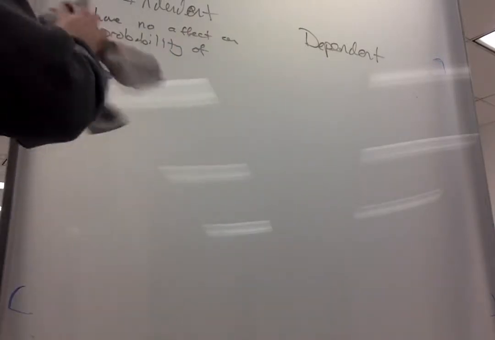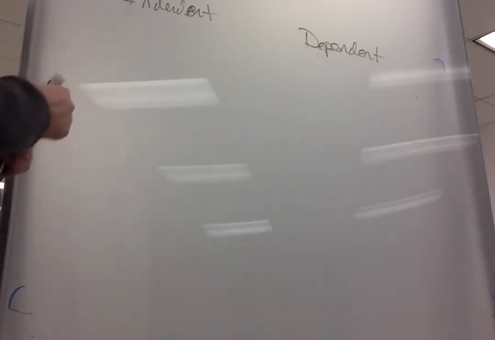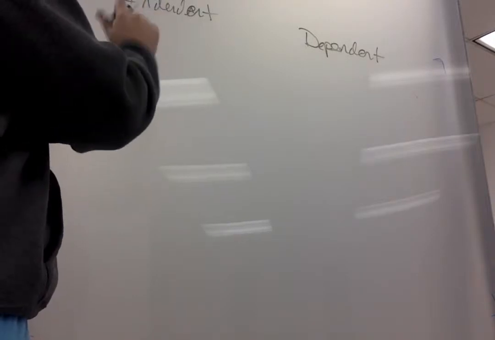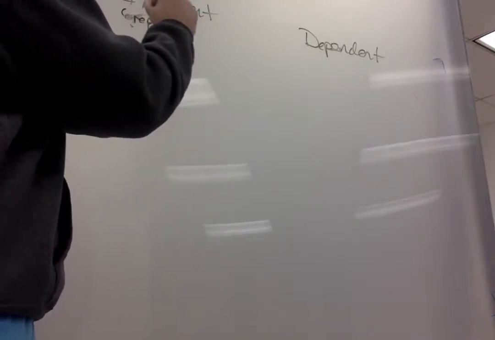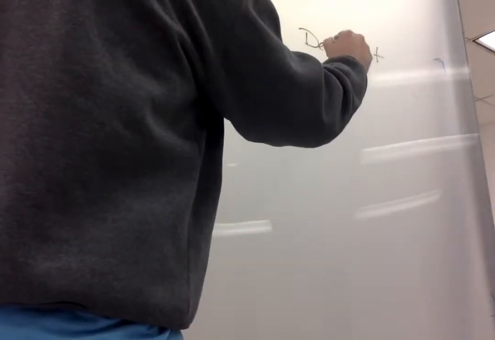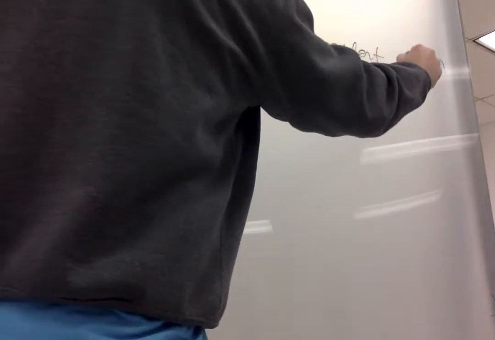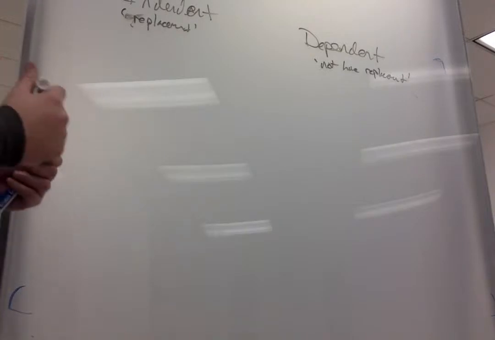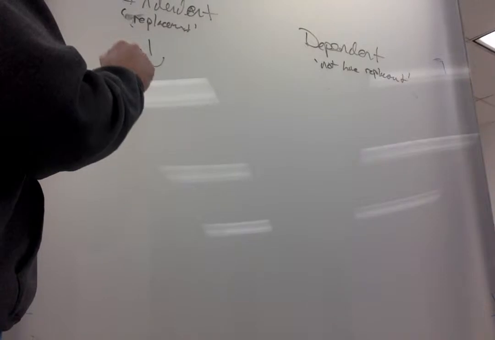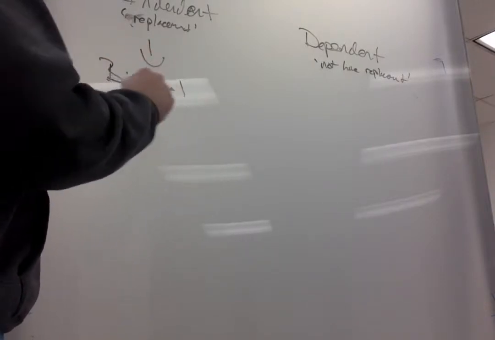So what we're going to use to separate our knowledge here is the term replacement. Independent variables have replacement, while dependent variables do not have replacement. Be careful, the negatives and positives get back and forth here. Independent variables are described by the binomial distribution.